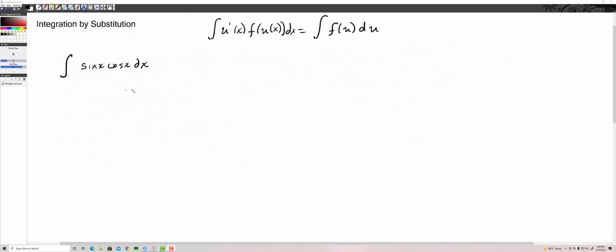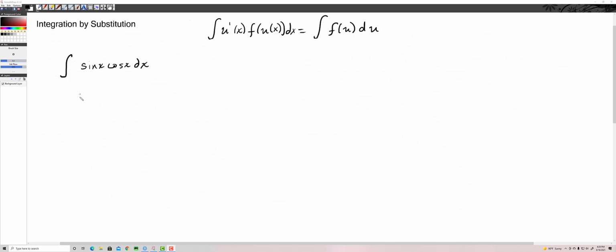Okay, another one that's pretty easy, but also a little bit different. Here we don't have a function inside of a function as we did before, but this is maybe the first segue I have into what's called trigonometric substitution.